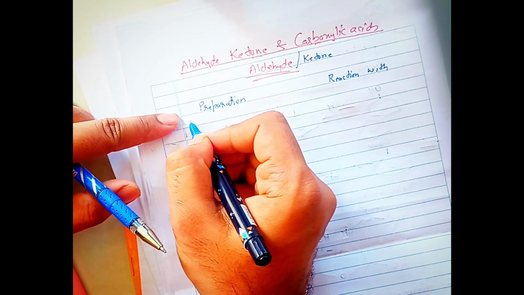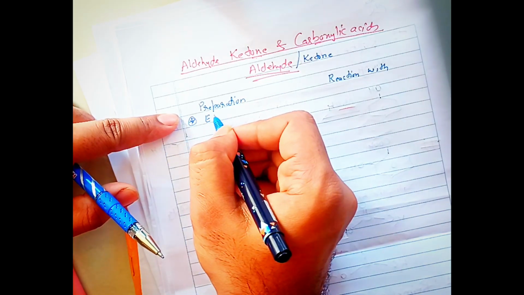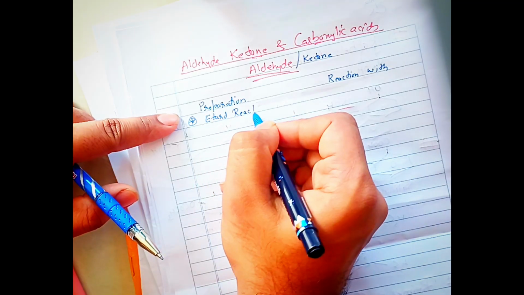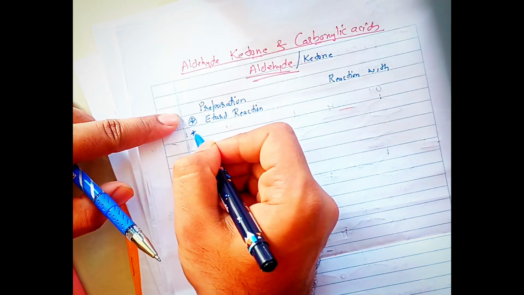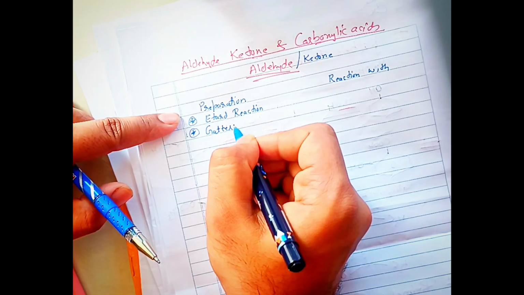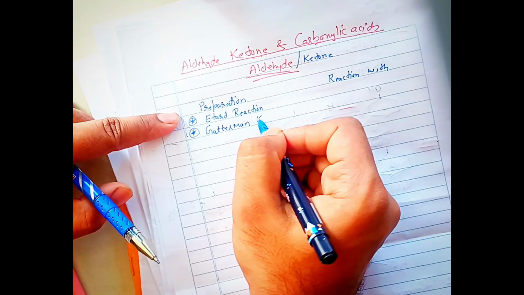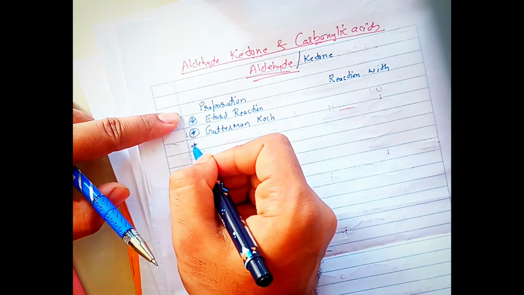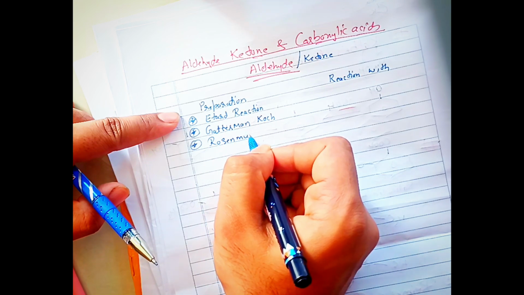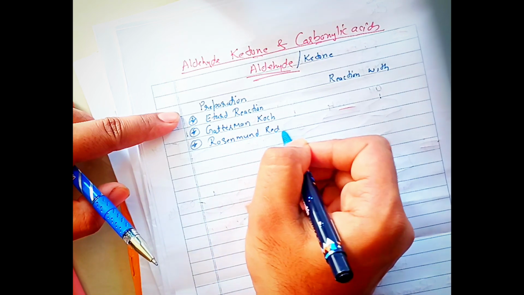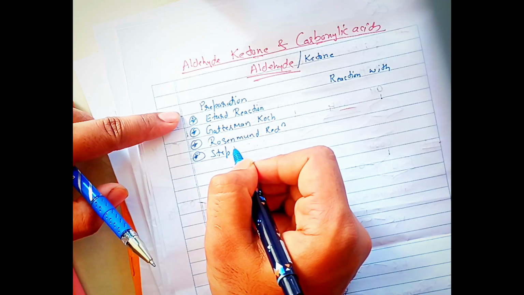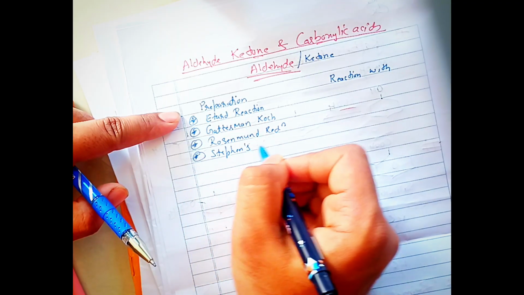Okay, here Etard reaction, okay, then Gattermann-Koch reaction, then Rosenmund reduction, then Stephen reduction.